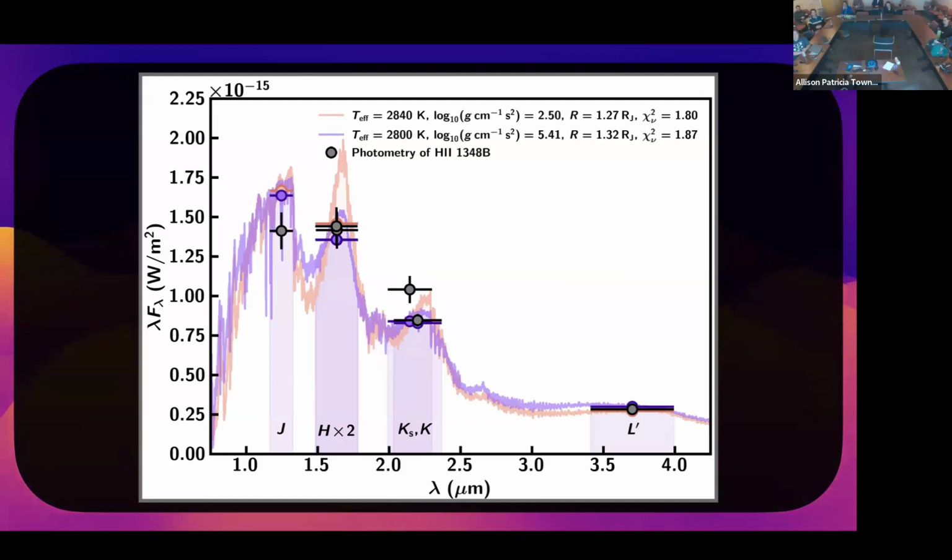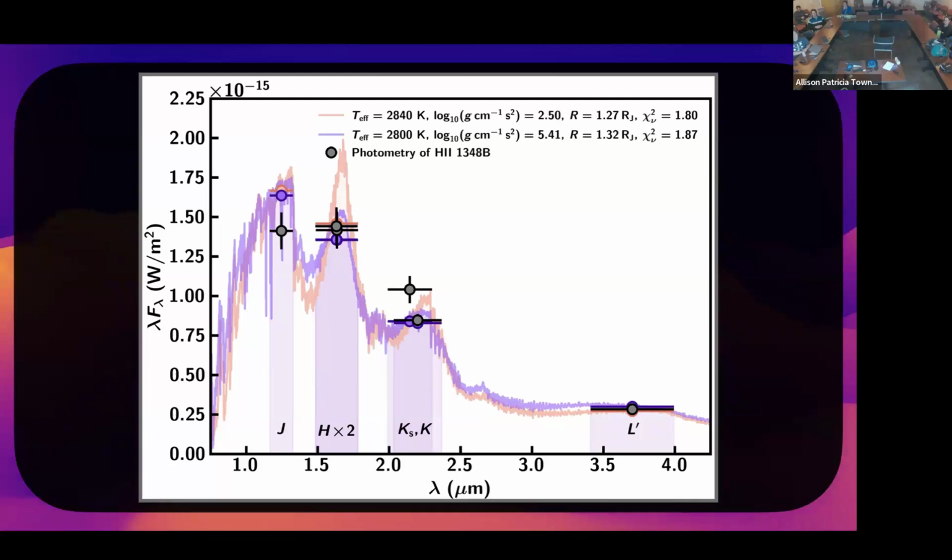And what we see is that we really just can't constrain the surface gravity from the photometry alone. So while these two models, with lower surface gravity in this pink color and in purple higher surface gravity, do show different features, especially in the H band, there's this steep spike. The broadband photometry is not sensitive to this slope.